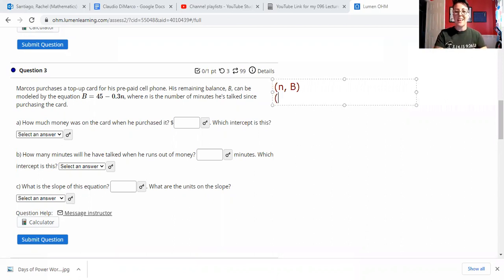So underneath this N, I will also write down the number of minutes. And then underneath B, I'm going to write remaining balance. And remember that this is referring to the amount of money that is left on this prepaid card.